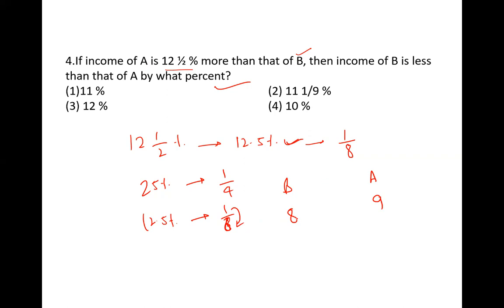So if income of B is 8 units or 8 rupees, you can say that, then income of A is one more than that. One more than that means 9.